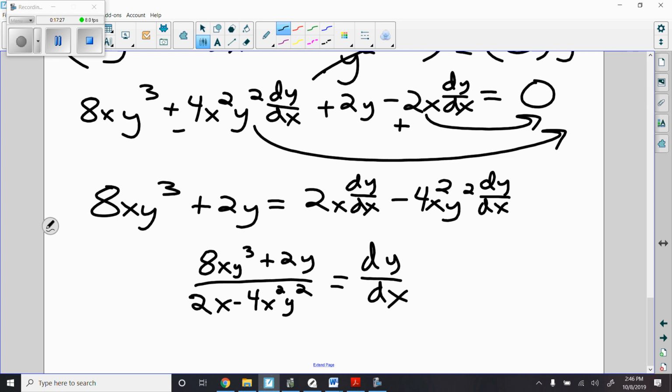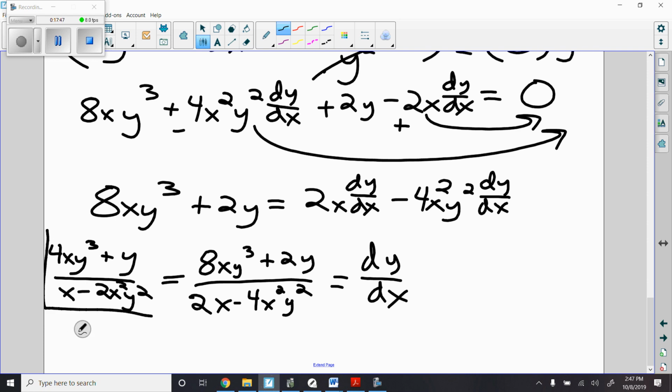The only thing I can do here is everything divides by 2. I can write this as 4xy cubed plus y over x minus 2x squared y squared. And this will be my final answer.